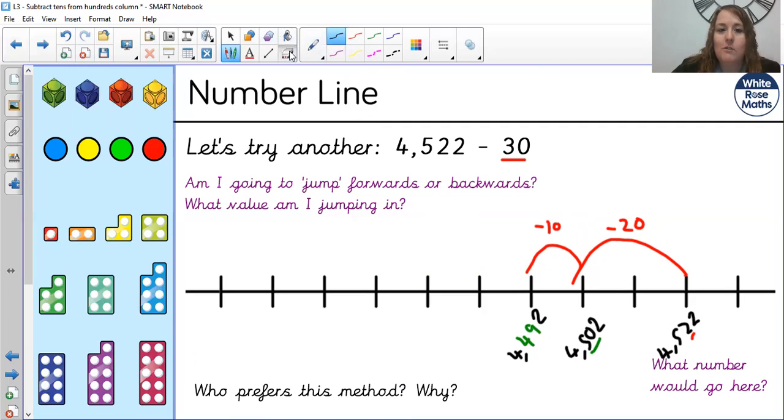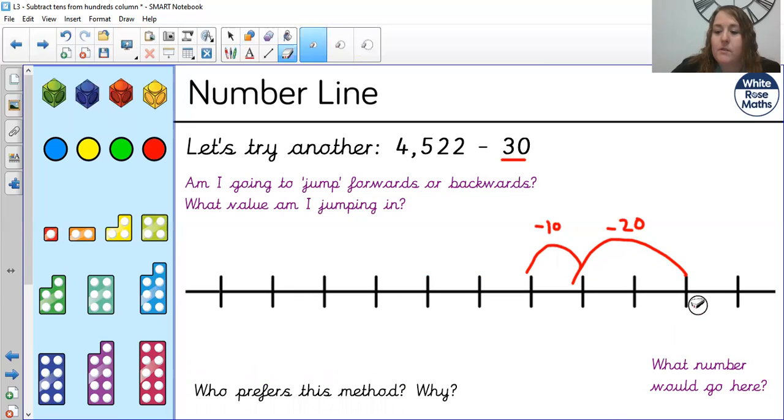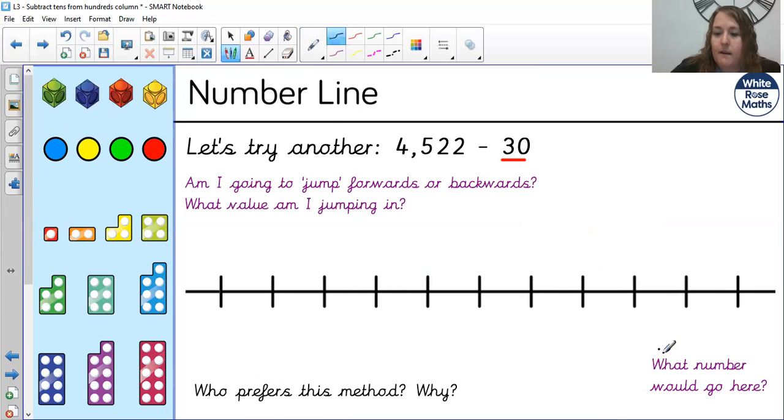Okay, I'm just going to now show you that in a different way again, using those skills from the patterns that we have just spotted. So again, I'm going to start with my 4,522. And I'm going to take away my 1 jump of 30 all at one go. 1, 2, 3.